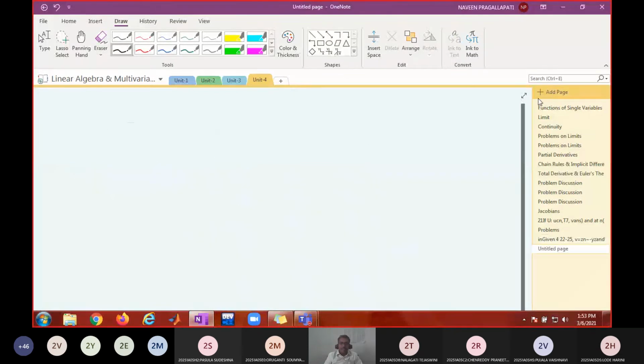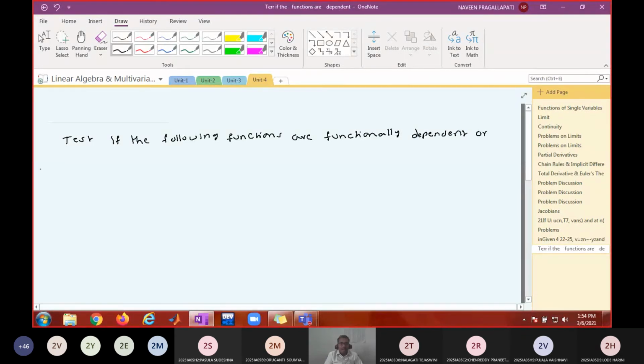So just take one problem. Test whether the following functions are functionally dependent or not.